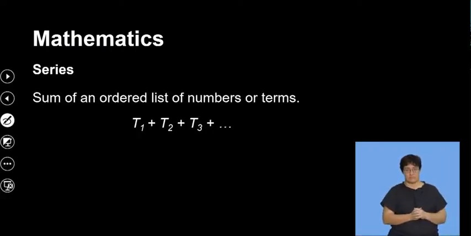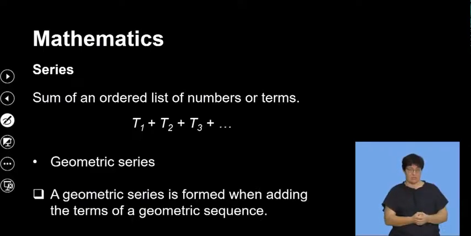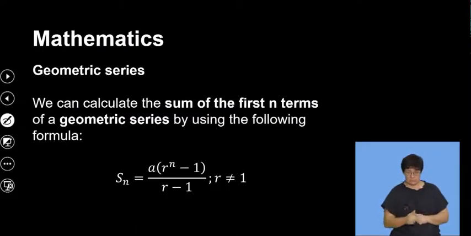Now we have a series as well under the concept of a geometric sequence. This will be the sum of an ordered list of numbers, remember we spoke about that. A geometric series is when we are adding the terms of a geometric sequence. With a geometric series, we also have a formula to calculate this, normally when you know the number of terms.